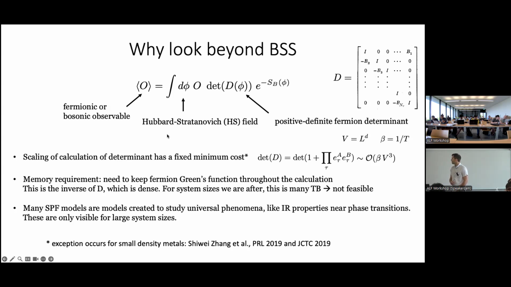So we're on the same page, if you have some fermionic or bosonic observable O, then the expectation value is defined with an integral over some Hubbard-Stratonovich field phi. And as we all learned here in this workshop, the fermions can be integrated out at the expense of some determinant D, which depends on the configuration of your Hubbard-Stratonovich field phi.